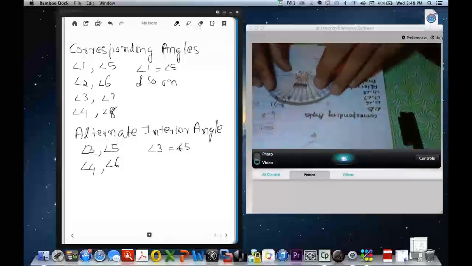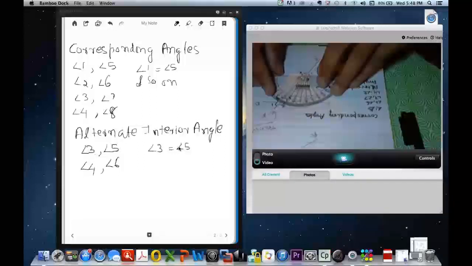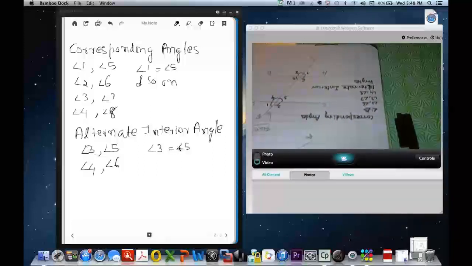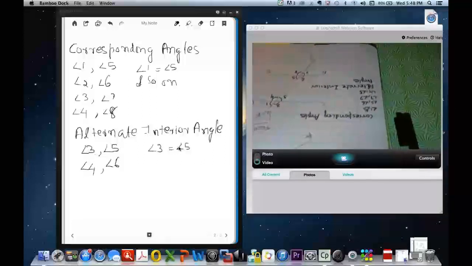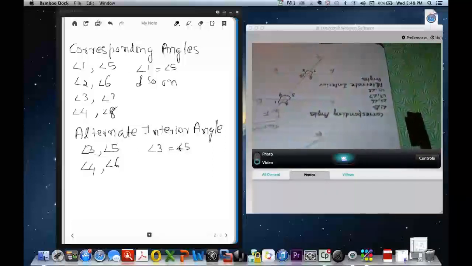And here you can see that even angle 5 is 61, right? So both the angles are 61. So you can see that they are the same, right? Now I will also try to explain it and prove it. I will do that after I finish all this.